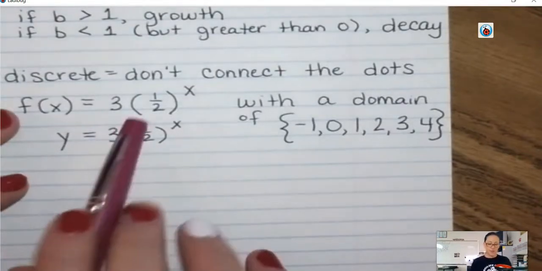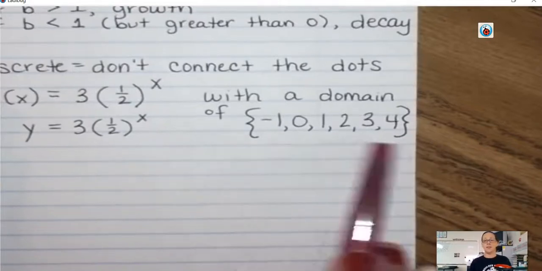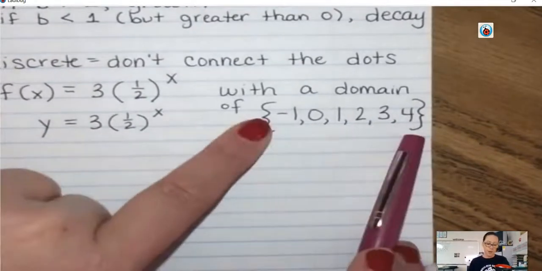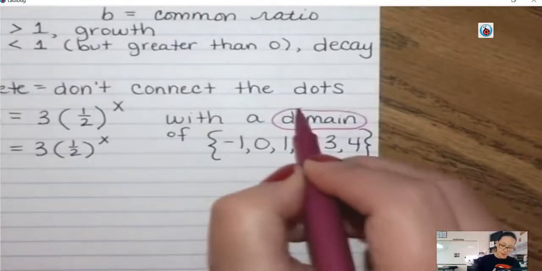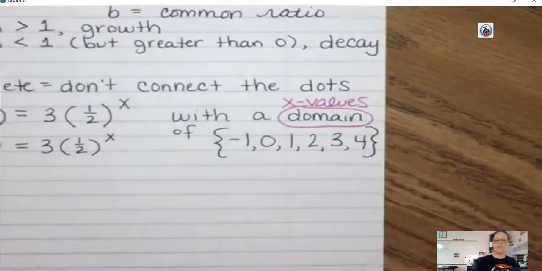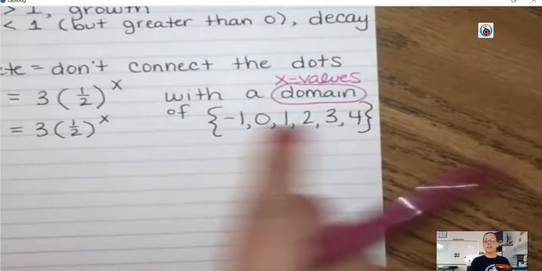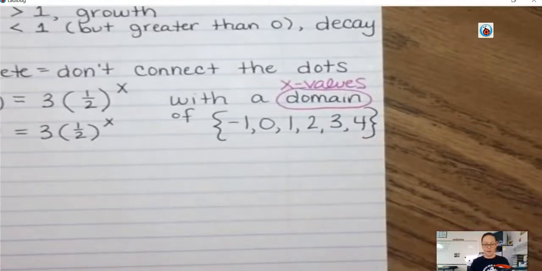So this is discrete because they only want these points. That's it. They don't want every single dot, every single solution. They only want these exact solutions. Remember, domain means the x values. Domain is your x's. So it's saying if these are your x's, I want to see a graph that only has these graphed on them.